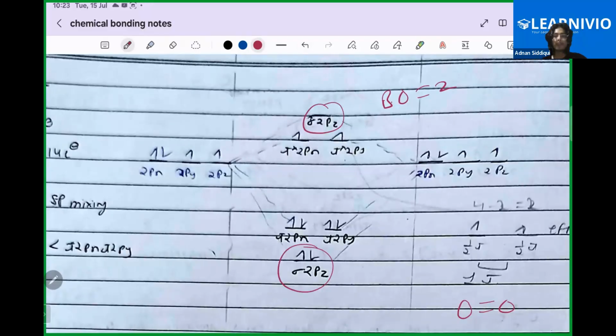It does not have its bad counterpart, so it is existing without any trouble. But when we talk about pi 2px and pi 2py, they have their bad counterpart, the antibonding orbitals, so they cause restriction in two electrons. It appears there are four electrons in our 2px and 2py molecular orbitals, but in actual, how many electrons are participating in bonding?